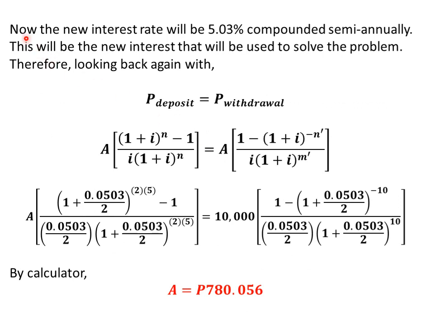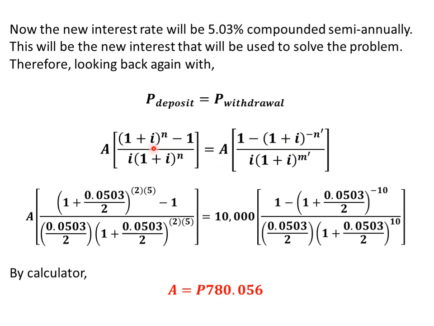Okay, so now the new interest rate will be 5.03%, compounded semi-annually. This will be the new interest that will be used to solve the problem. Therefore, looking back again with katong gi-equate na to ang present amount sa both deposit and withdrawal, then using the formula. So recall sa deposit, this is present amount formula for the ordinary annuity. Recall po sa withdrawal, this is the present amount formula for deferred annuity.